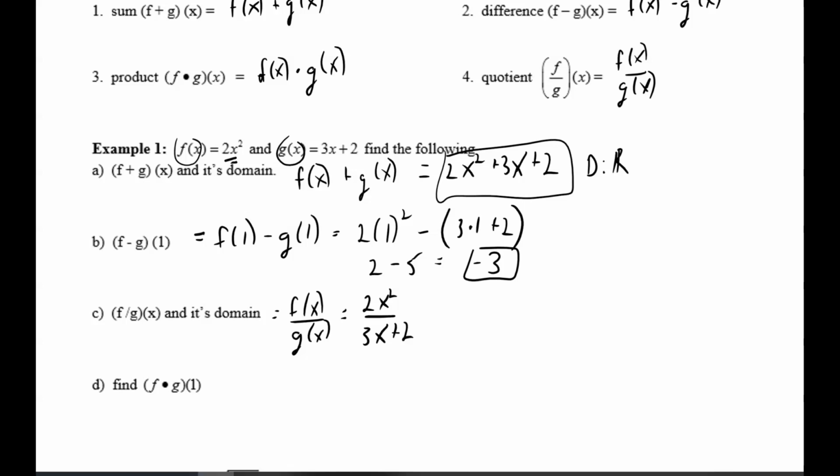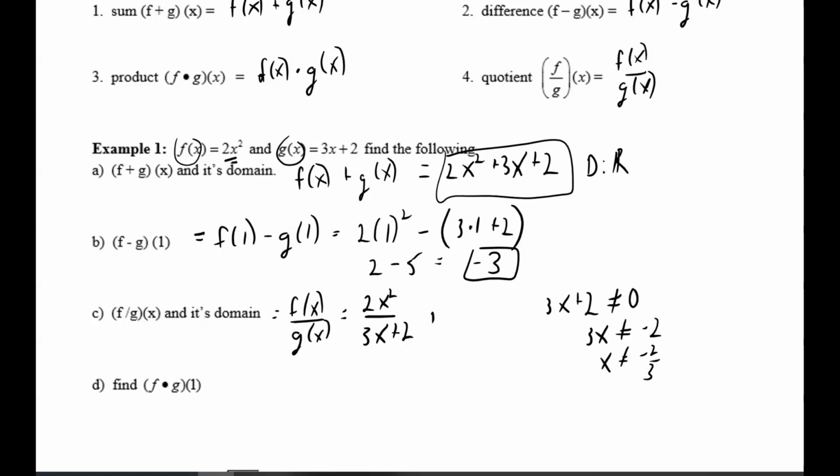We do have a domain restriction on this because we know that 3x plus 2 can't be 0, so that must be excluded from the domain. So 3x can't be negative 2, or x can't be negative 2/3.